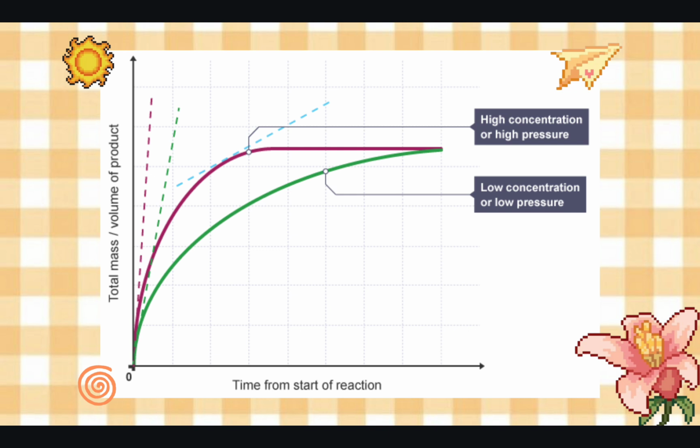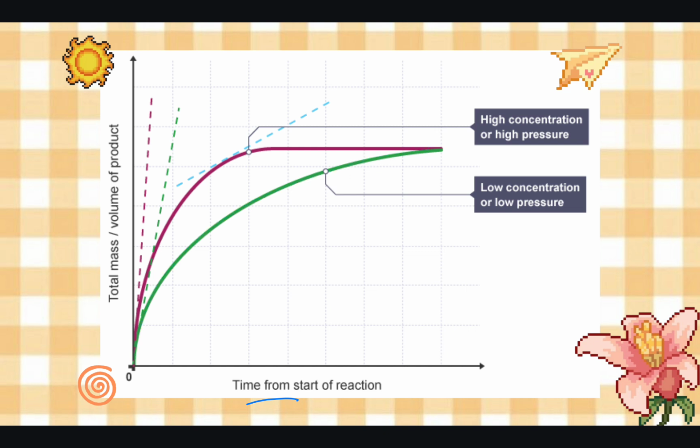So now we have a reaction profile, the rate of reaction profile. From here we can see that this is total mass or volume of product, and this is the time, obviously. We can see here that this one is much slower.